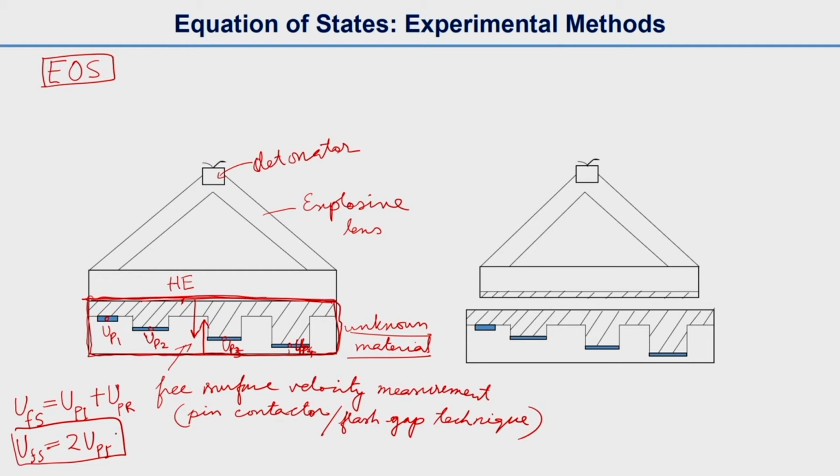If we have these values of particle velocity and the shock wave velocity, then we can get the equation of state. So, similarly here we have a flyer plate, and this is a very similar arrangement, but with a flyer plate. Sometimes if the pressure is very high, this arrangement is helpful.